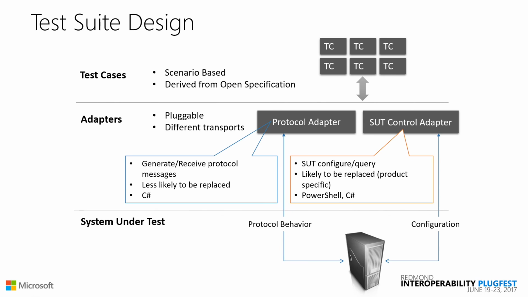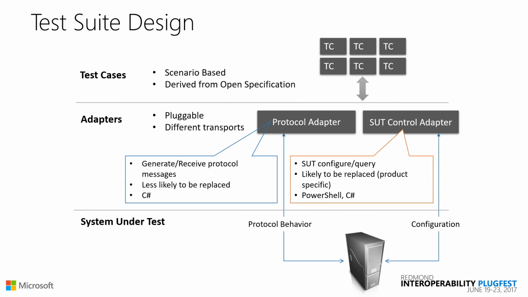We consider the SUT control adapter as something that can help the test case finish the logic, finish the design. It can configure the server and get the status of the server to help you understand what is going on on the server side, and whether it meets the requirement I want to get out of the test case.